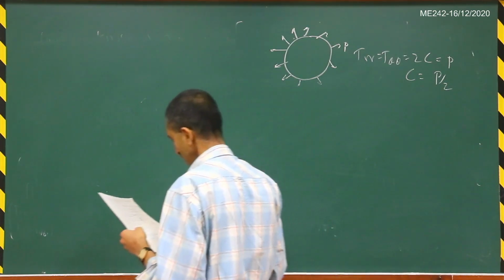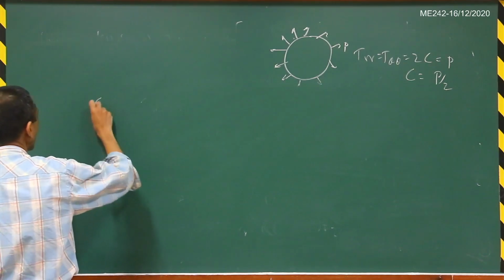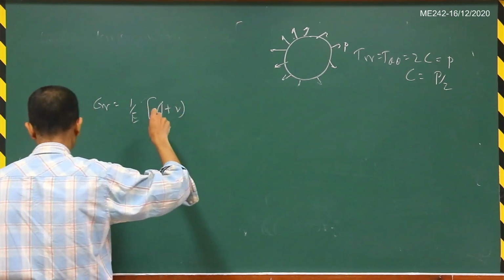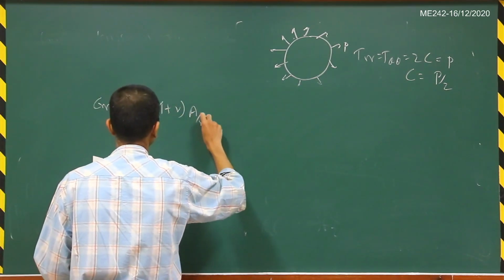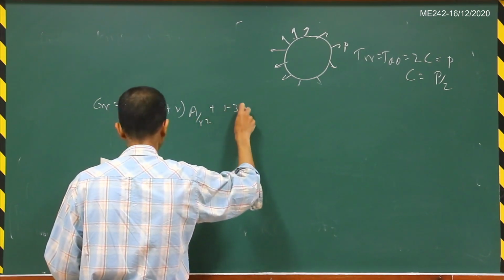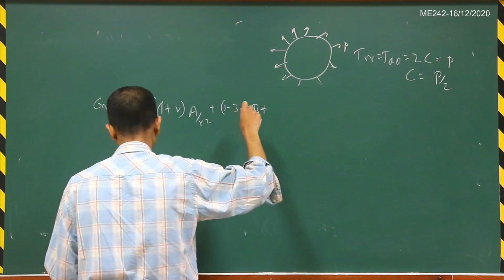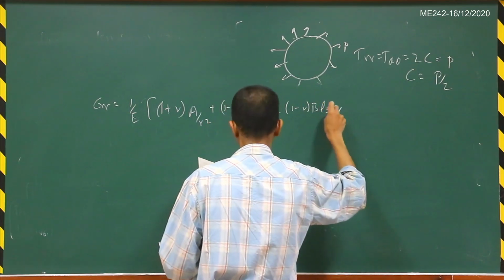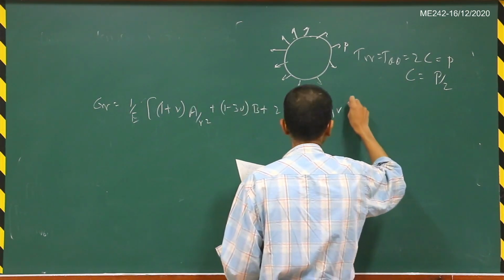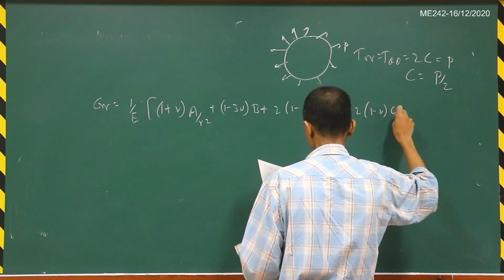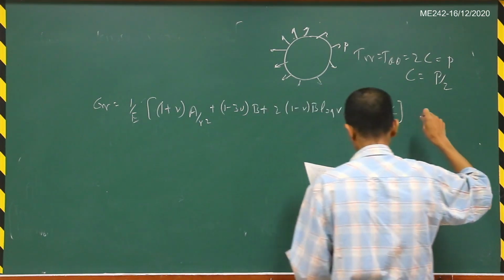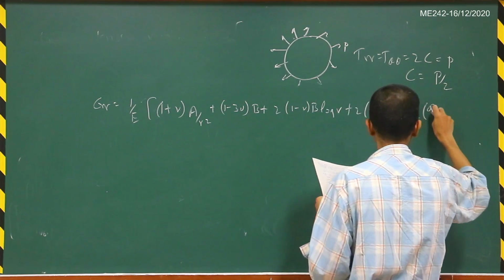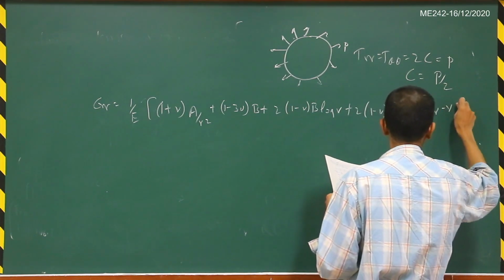Yes, so we will get that epsilon r is equal to 1 by E times 1 plus mu times A by r square plus 1 minus 3 mu times B plus 2 times 1 minus mu times B log r plus 2 times 1 minus mu times C, plus 1 by E times A_r minus mu times A_theta.